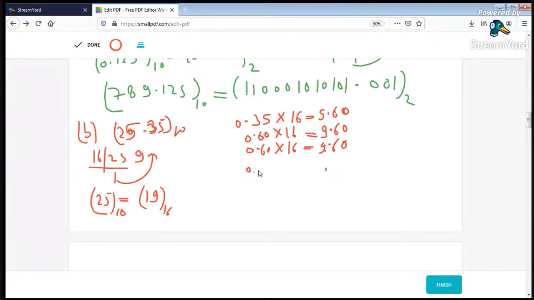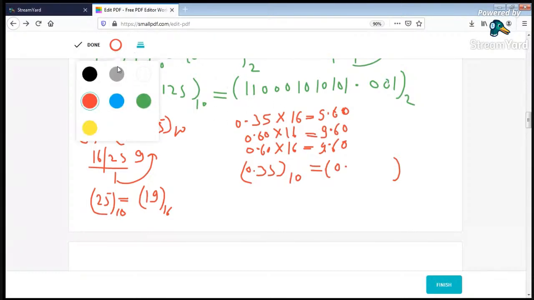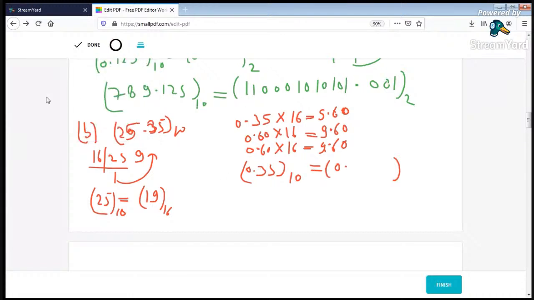So 0.35 in base 10 is going to be converted into hexadecimal. For the fractional value, you note down the integers from top to bottom.